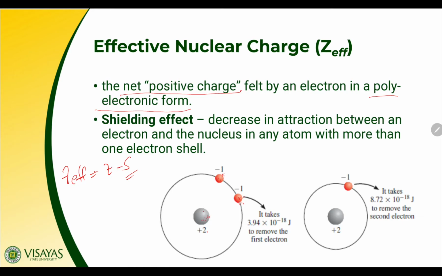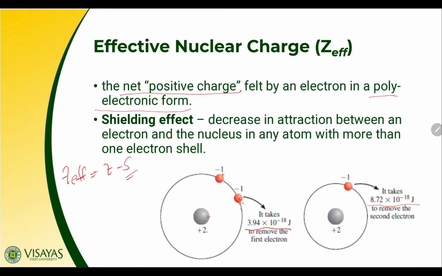Here is an experimental evidence or proof of this. This is a helium atom which has two electrons. According to experiment, it takes 3.94 times 10 to the negative 18 joules to remove the first electron, whereas it takes 8.72 times 10 to the negative 18 joules to remove the second electron.